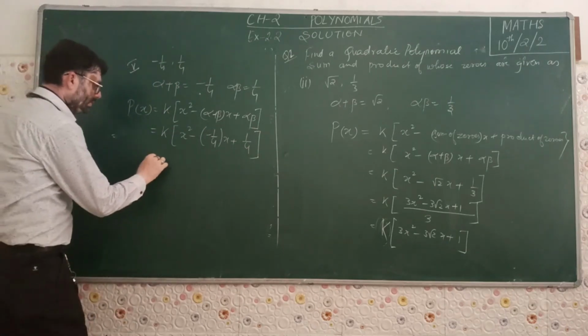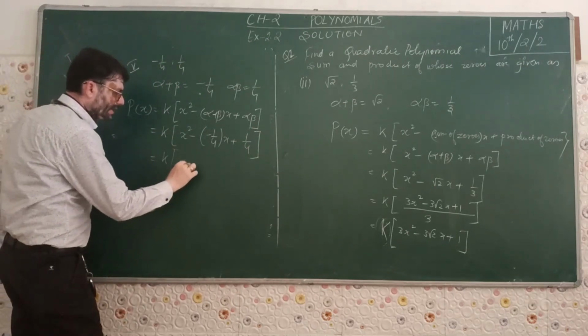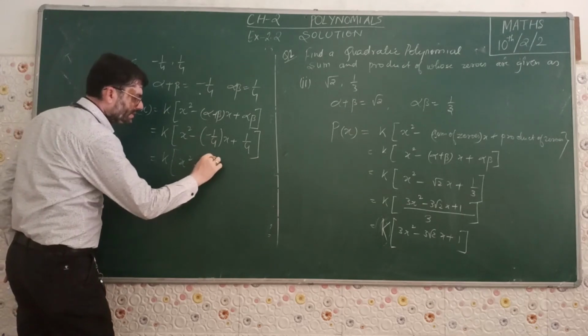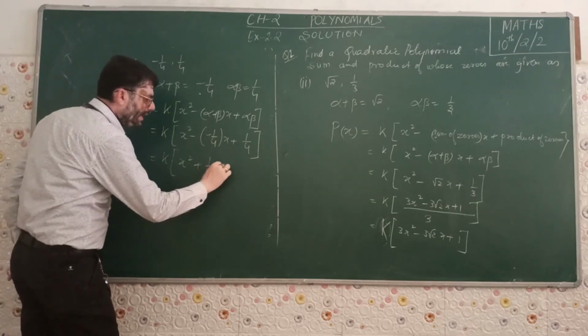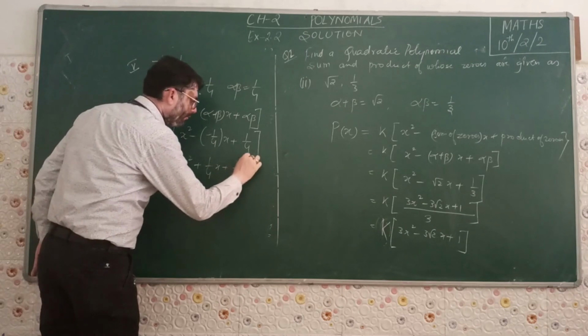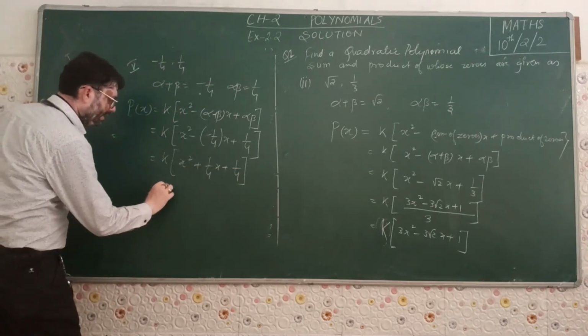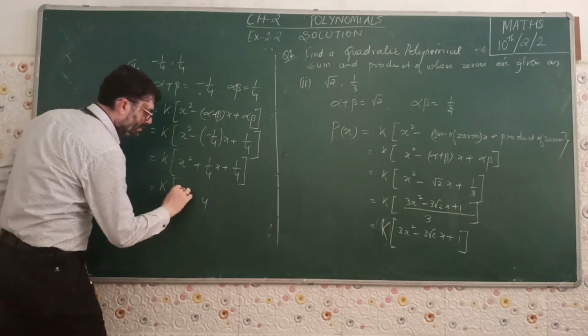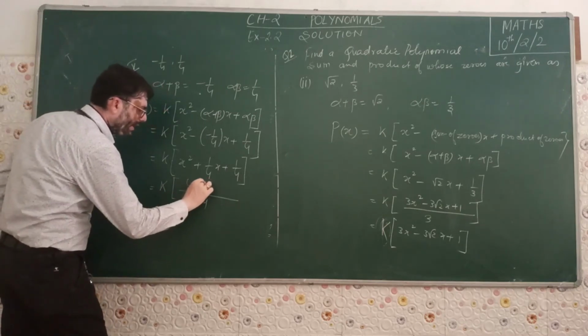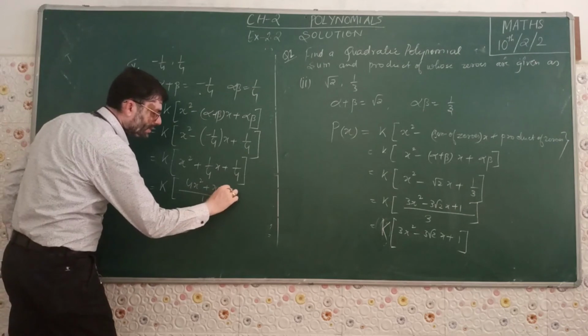So this is k x square, minus into minus is plus, this is 1 by 4 x plus 1 by 4, and taking the LCM inside the bracket, you can have k into 4x square plus x plus 1.